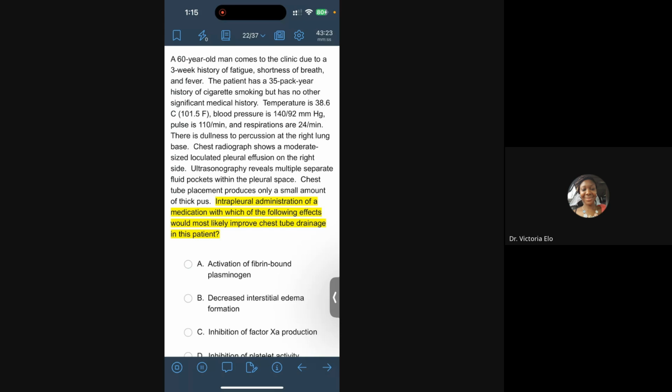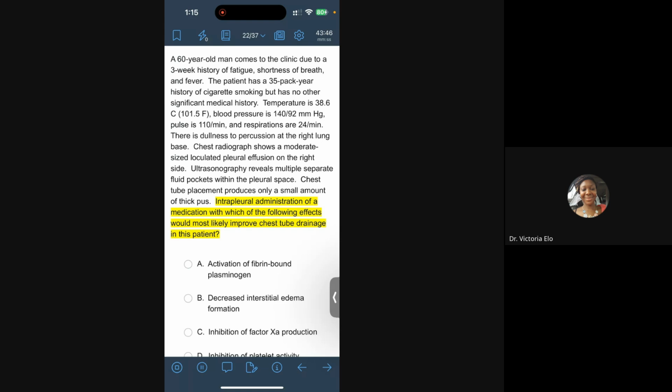Okay, so what is happening in this patient? There is a thick pleural effusion here, right, which has separate fluid pockets within the pleural space. It is a moderate-sized loculated pleural effusion. Chest tube placement produces only a small amount of thick pus.